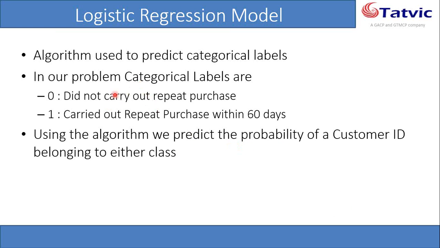Since in our case the problem is to classify whether customers carried out a repeat purchase or did not carry out a repeat purchase, logistic regression seems to be a good starting point to classify our data in each of these two cases. And once this model is ready, our next step would be to see how the model is performing on unseen data and calculate the accuracy metric.